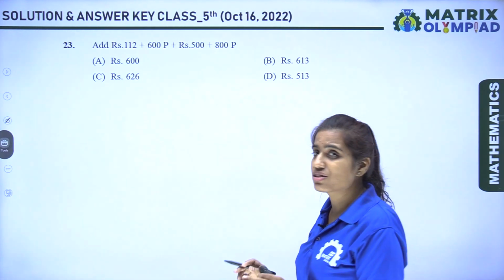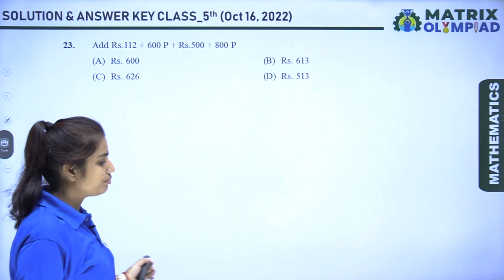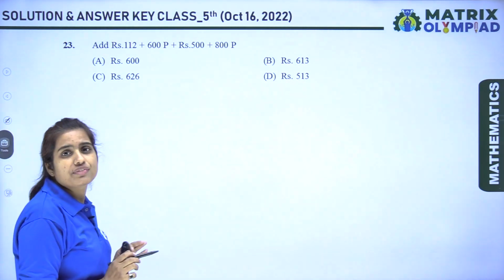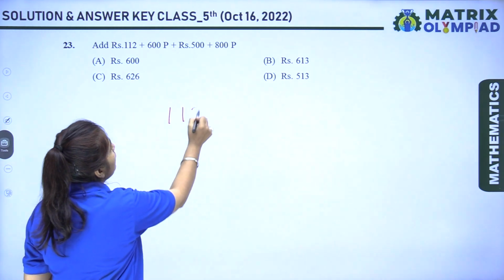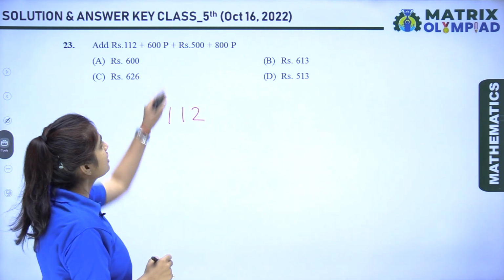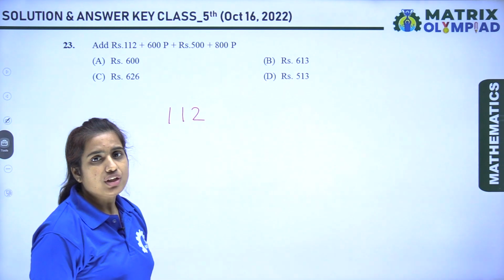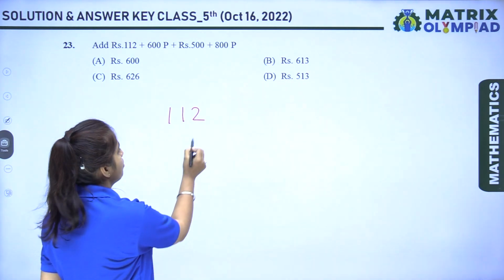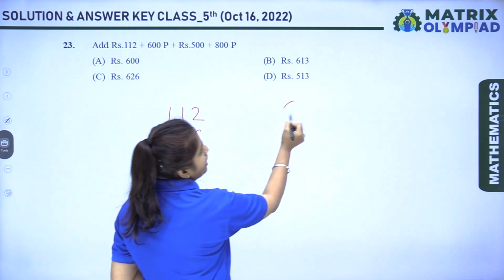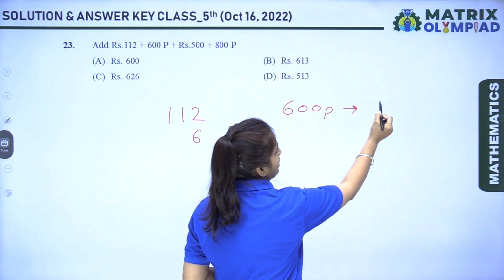This is one of the simplest questions. Here in this question, we have to simply add rupees 112 plus 600 paisa. If we convert this 600 paisa into rupees, we get 6 rupees.